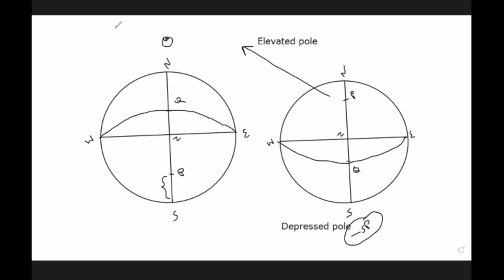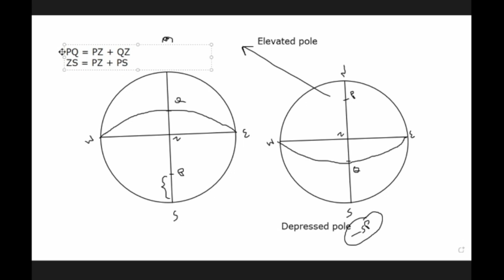In this case, we can say that PQ is equal to PZ plus ZQ, or QZ, whatever you want, QZ. And we can also say ZS is equal to PZ plus PS.